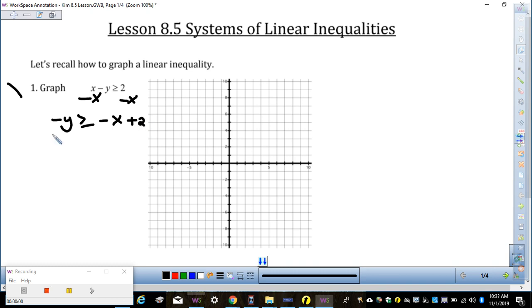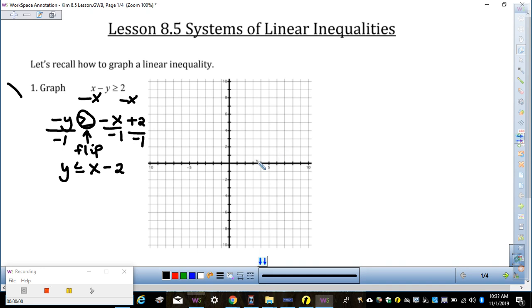So to get this y by itself, we need to think about either multiplying or dividing by a negative 1, which is going to change all of our signs here. And keep in mind that when we do that, I always like to circle the inequality. We are going to need to flip that. So this is actually going to become y is less than or equal to positive x minus 2.